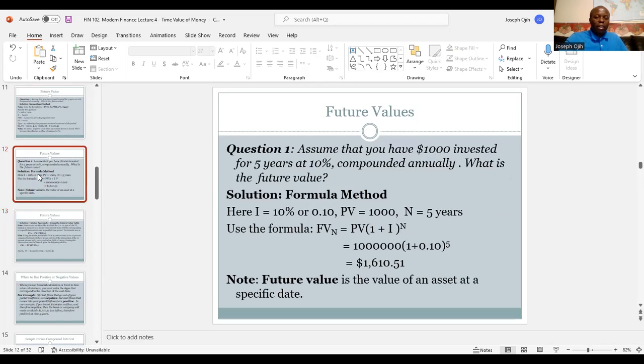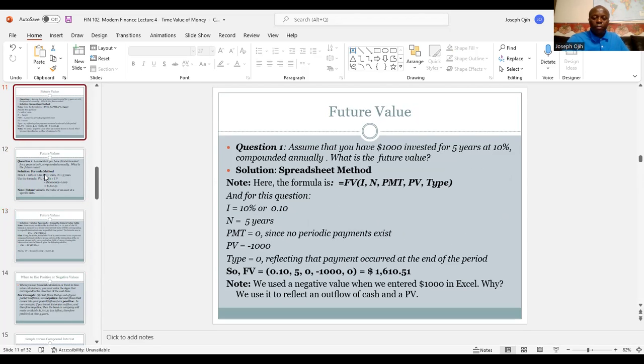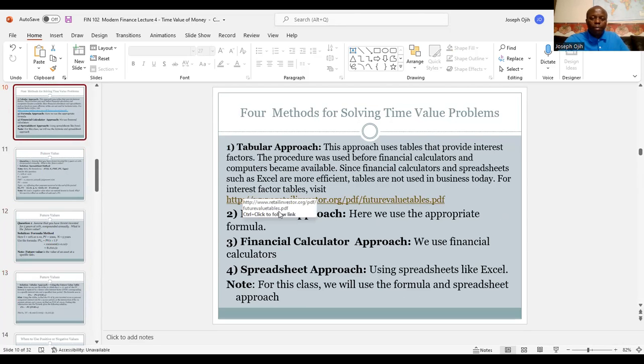So before I do that, let us open the future value table, for example, the interest table. Open it again. So you can see right here, present value and future value tables. The first one is the future value tables. Now, don't forget that our question is still the same question.